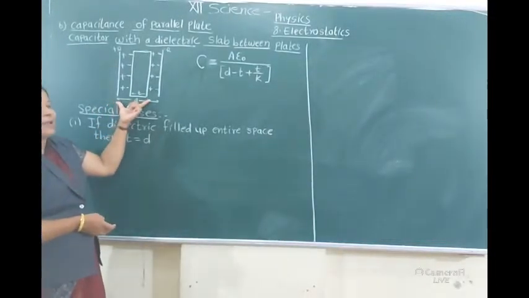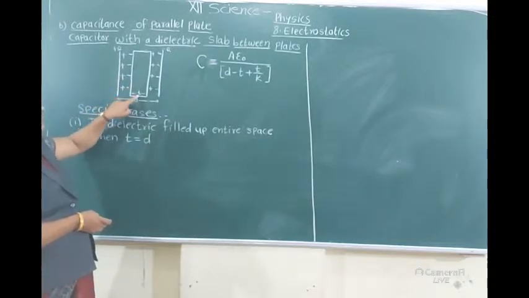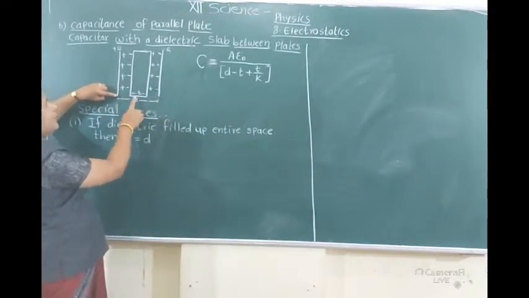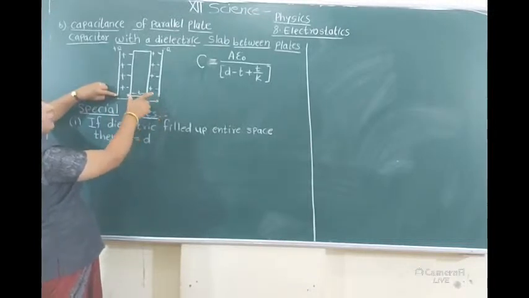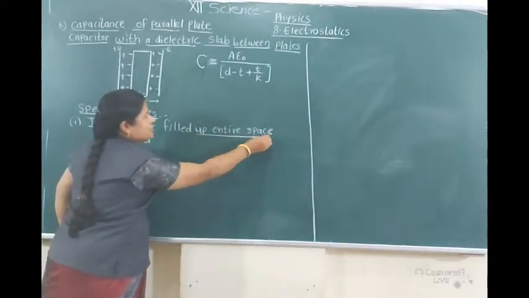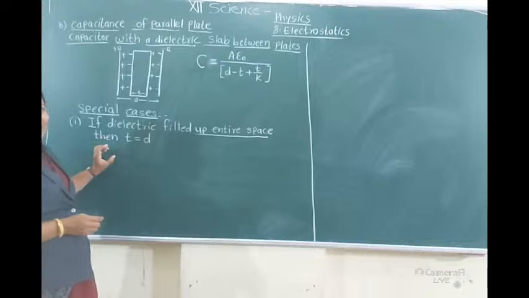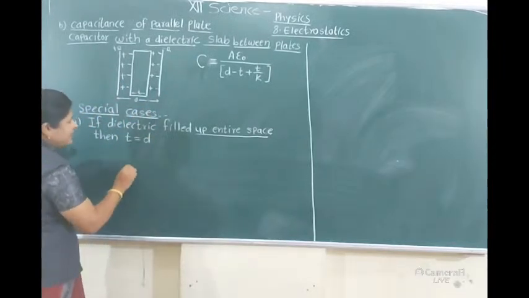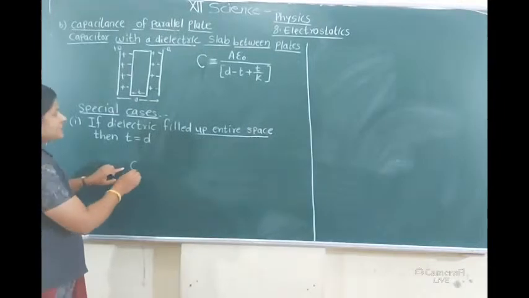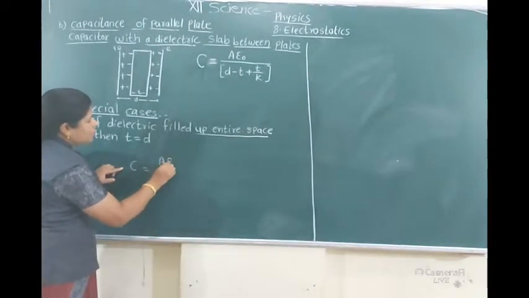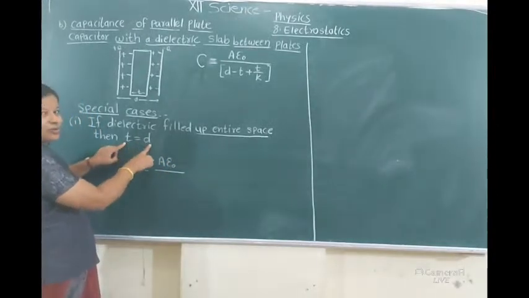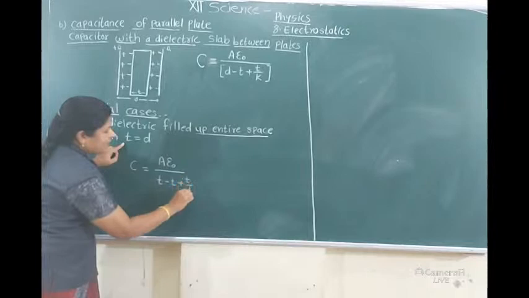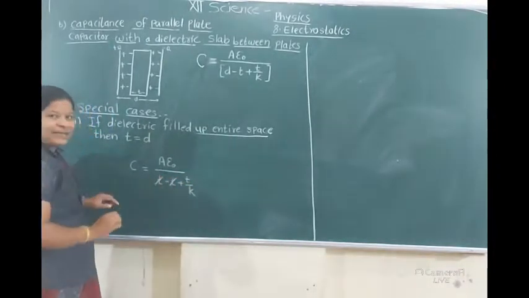In this parallel plate capacitor we have a dielectric slab of thickness T. If we put the dielectric in between the plates, that means in these two parallel plates we fill up the entire space with dielectric, then T is equal to D. Then we get the formula for the parallel plate capacitor C is equal to A epsilon naught divided by D minus T plus T divided by K, now T is equal to D. So D minus T cancels.